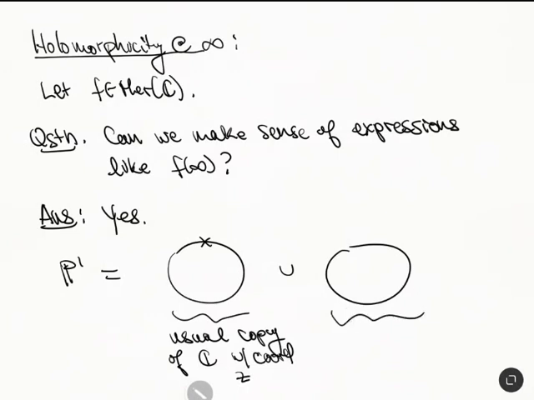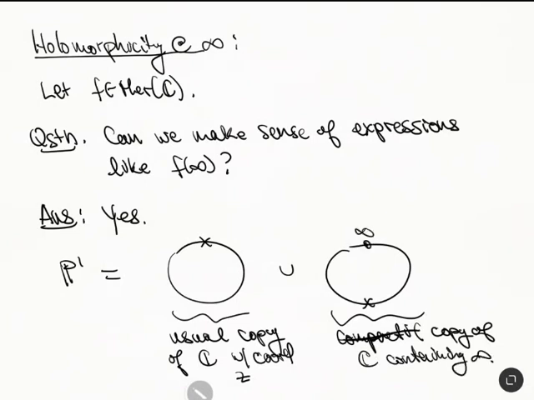And this is the copy of C containing infinity. So we have the point infinity up here, and the coordinate here is zeta, and we have this relation between these two: zeta is 1 over z, or z is 1 over zeta. And so when zeta goes to 0, z goes to infinity.